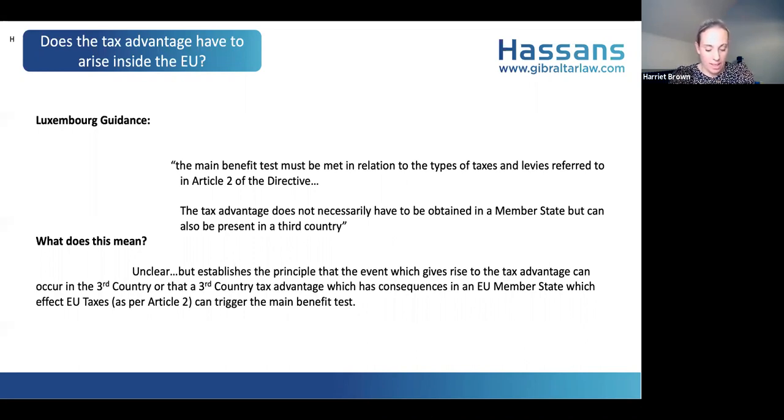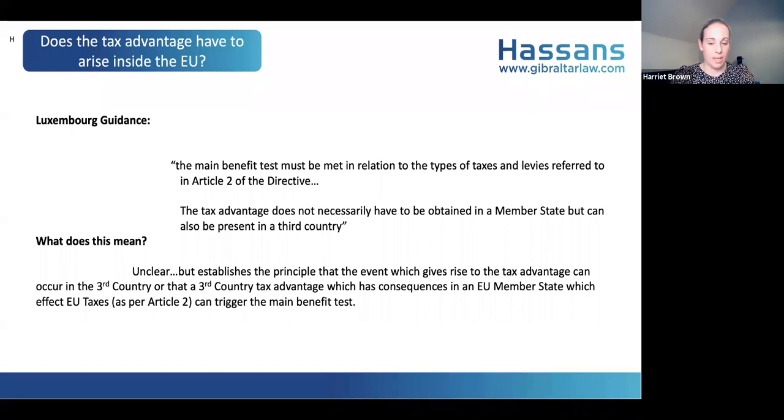There's a possibility that where a tax advantage in a non-member state has a knock-on tax advantage, or possibly even other advantage in a member state, this would be sufficient to trigger DAC6 within the Luxembourg guidance. I'm very dubious about this. But we just mention that for completeness.